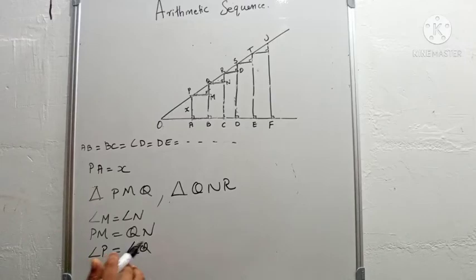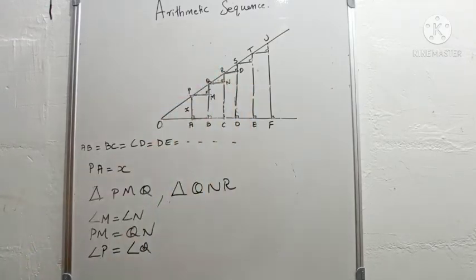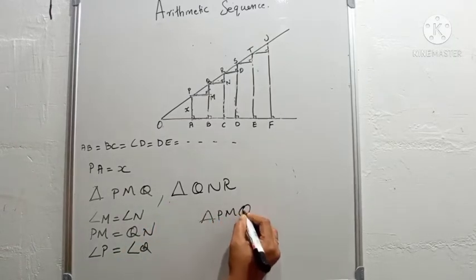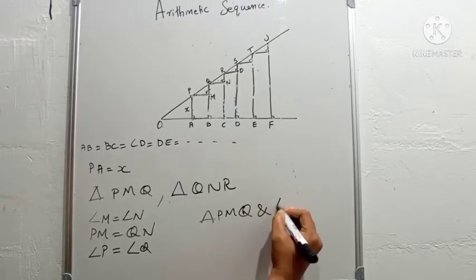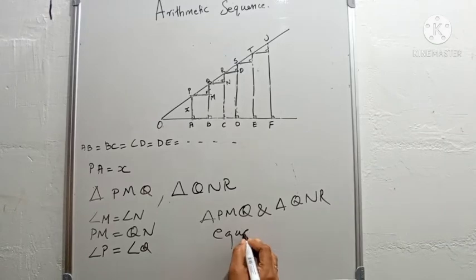Therefore, we can say that triangle PMQ and triangle QNR are equal triangles.